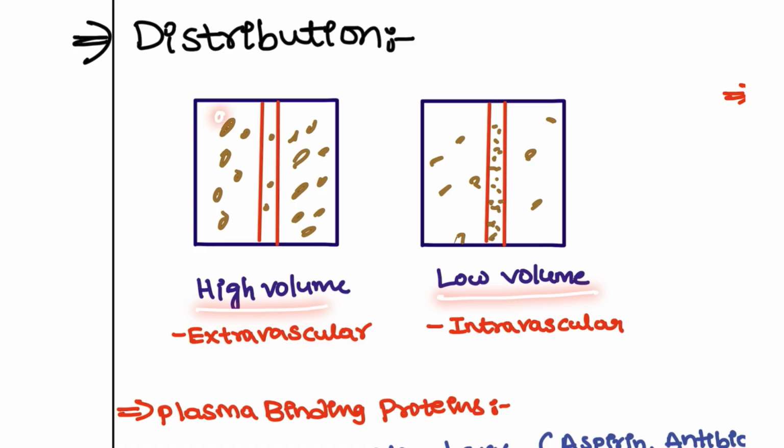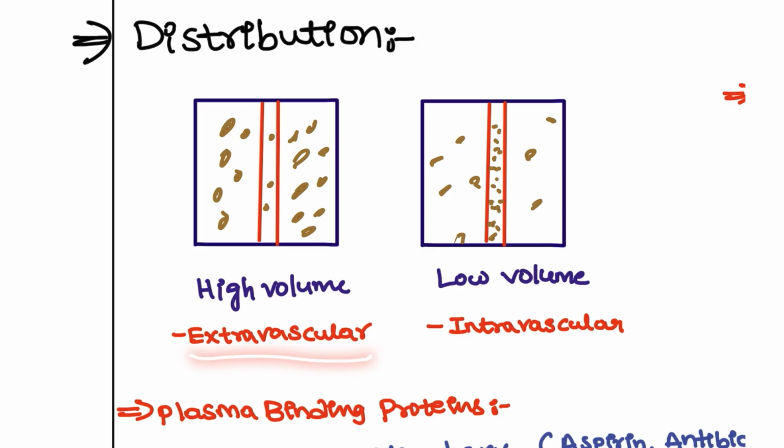In high volume, most of the drug is in the tissues, and only a minimal amount is in the vessel. Whereas in low volume, very little drug is in the tissues, and a high amount of the drug remains in the plasma. That is the difference between high volume and low volume.